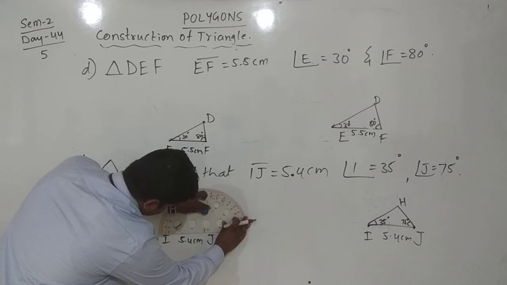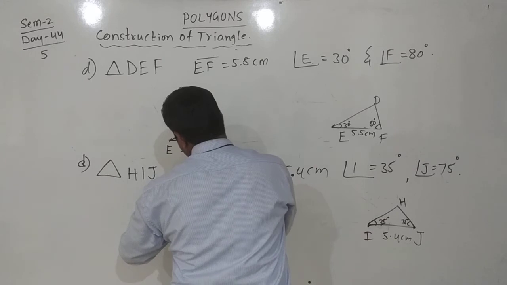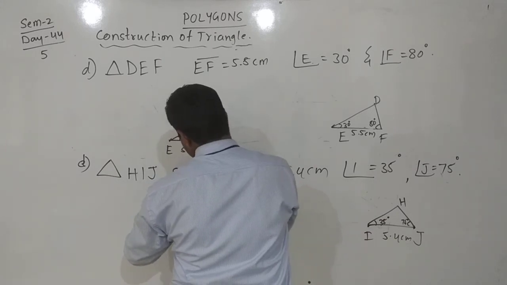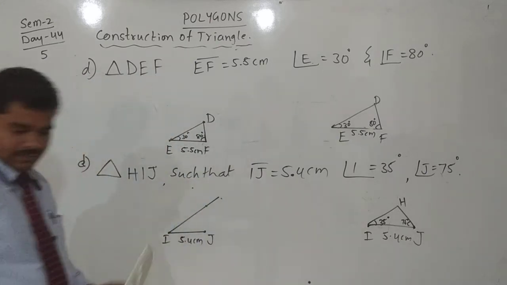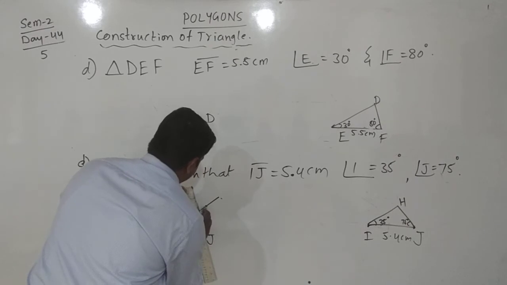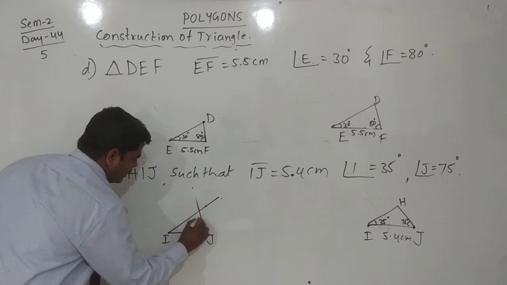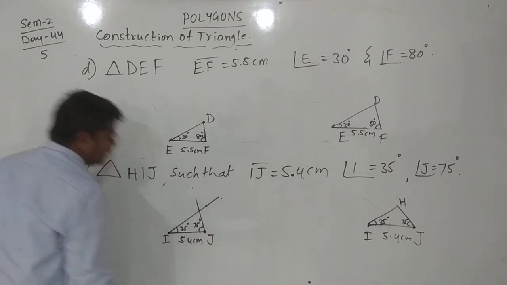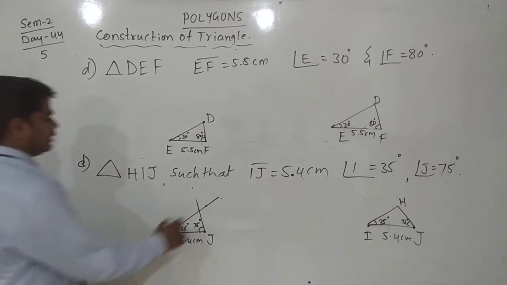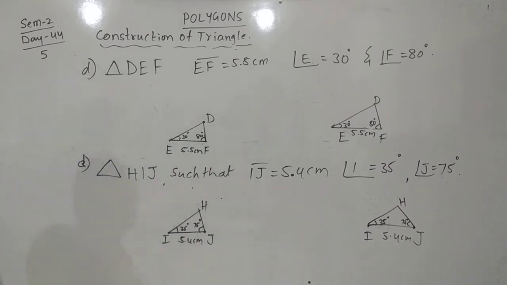Next, join this one. Yes, this is 75 degree, this is 35 degree. This is the H point. You can erase this H. Triangle HIJ is given with the given values.